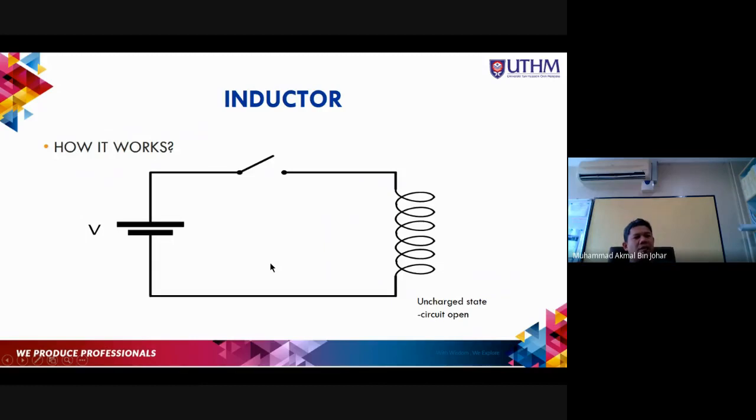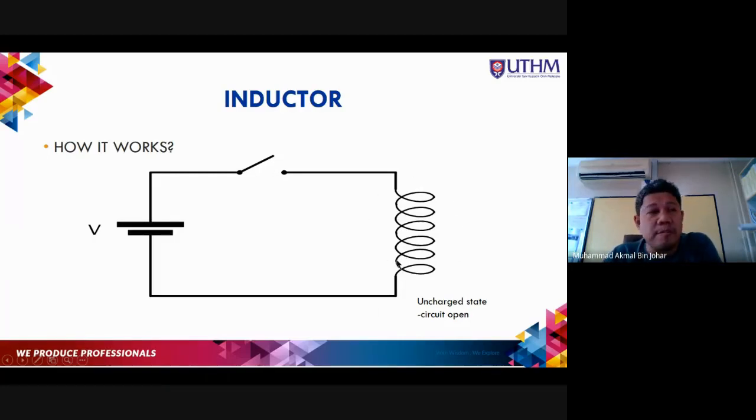So actually how this inductor works, we can say that inductors work more or less the same as capacitors. At the very beginning of the circuit, you have a voltage source, and then you put a switch in the open state and connect it to one inductor.